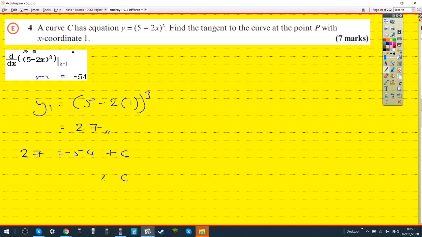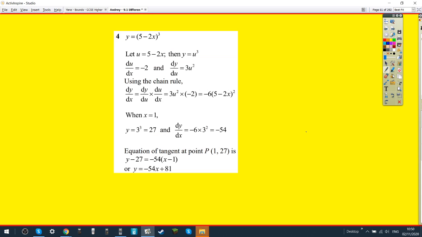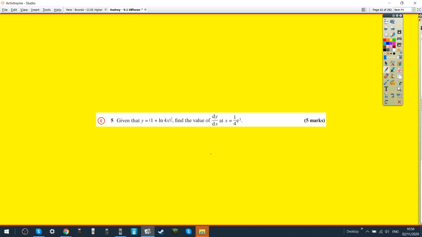And so 27 plus 54, so c equals 81. So would our final answer be y equals minus 54x plus 81? 81, yeah. There we go. Grand.